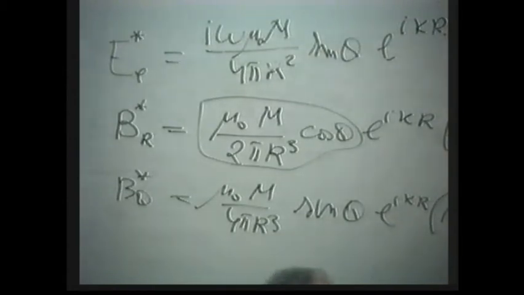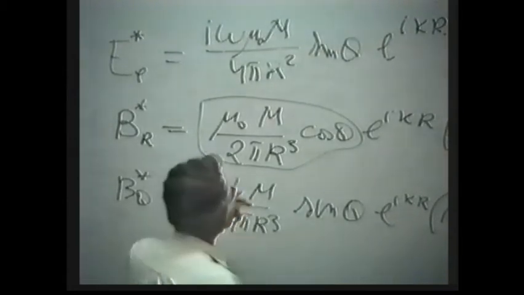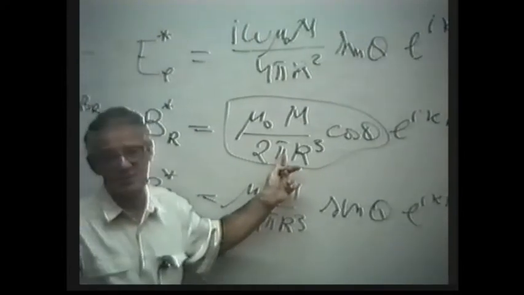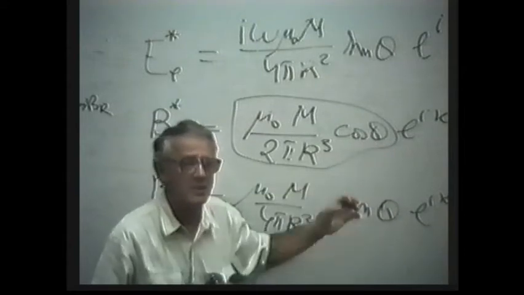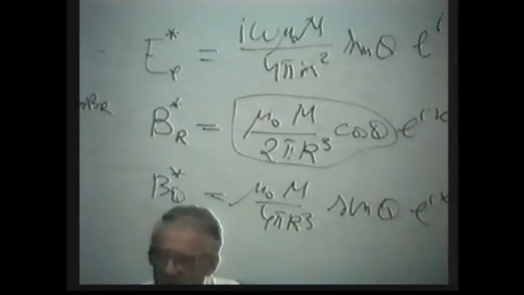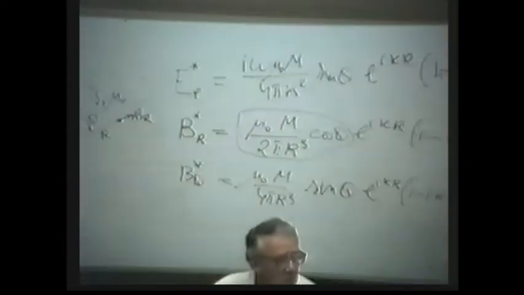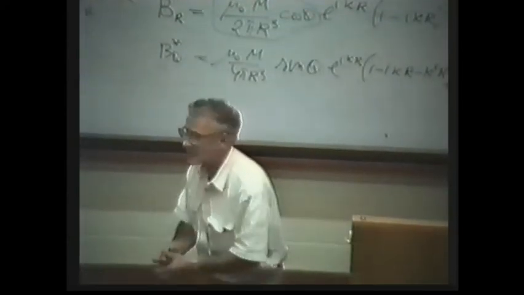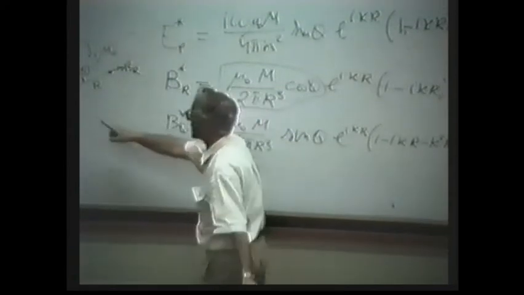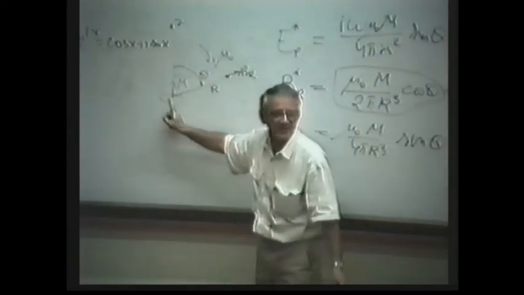Excellent. This term, I gave you the expression yesterday or the day before yesterday, I already don't remember. This field is the radial component of the magnetic field caused by current in the loop in free space. That's the field only due to the current itself.